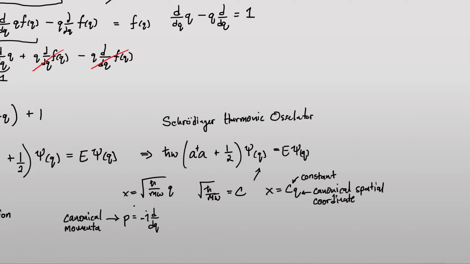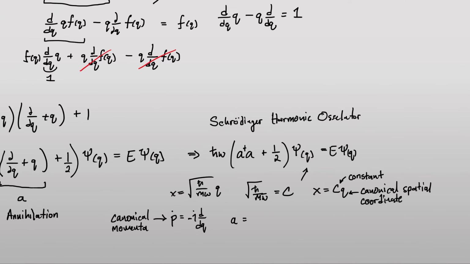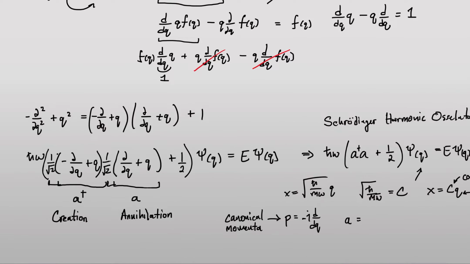If we define p in this way, then A and A dagger, so we'll say A is therefore equal to what we said over here, these guys. These right here, they just become P, right?